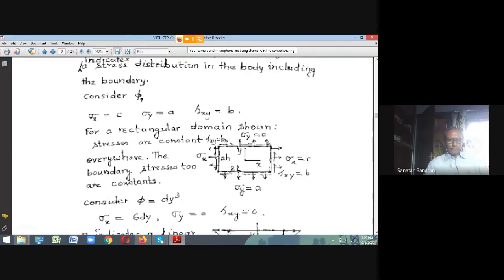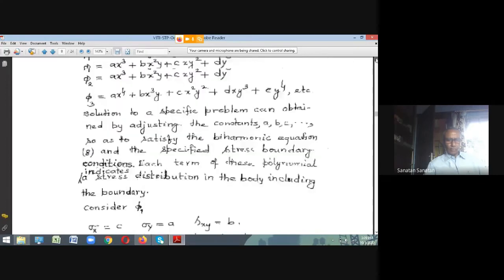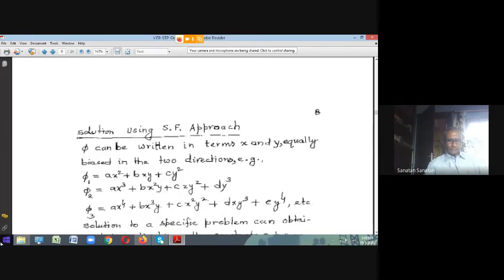Yeah, you see, if we take phi 1, which is nothing but ax square plus bxy plus cy square, a second degree polynomial, what we find is that once you take that form and take its fourth derivative, my equilibrium equation is what? It is nothing but 4 times derivative of phi with respect to x.